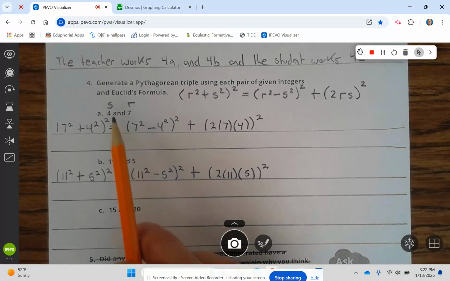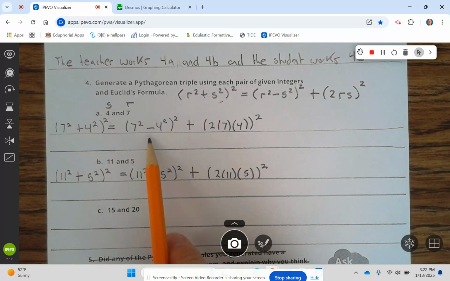Okay, so we plug these numbers into this formula, and we have this.